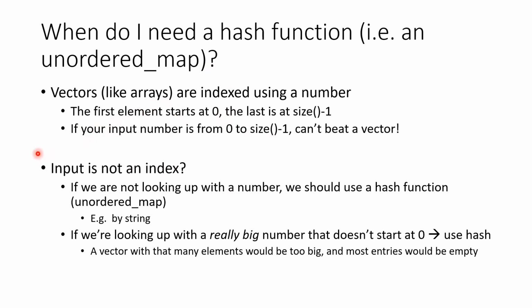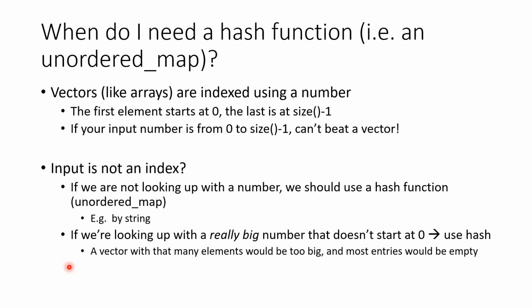When you use the unordered map, the input, if it's an integer, is a really big number that's not continuous between 0 and the size of the vector, it will be really inefficient to use a vector.